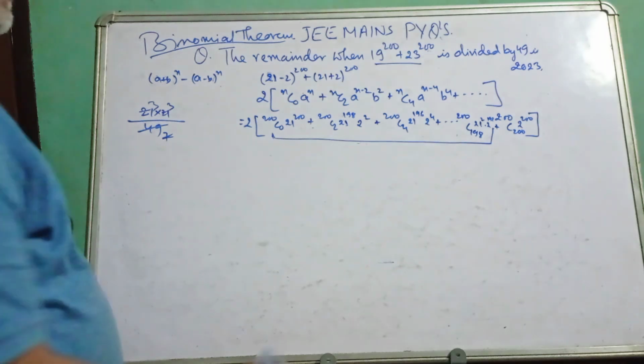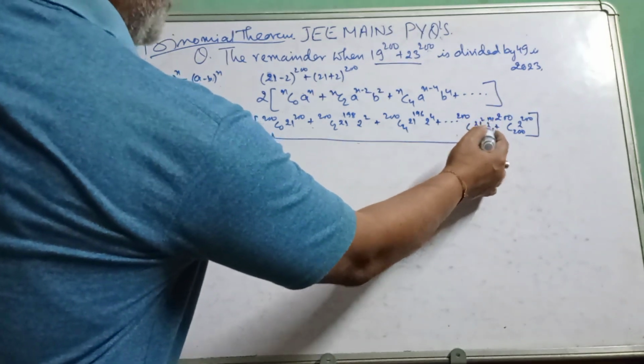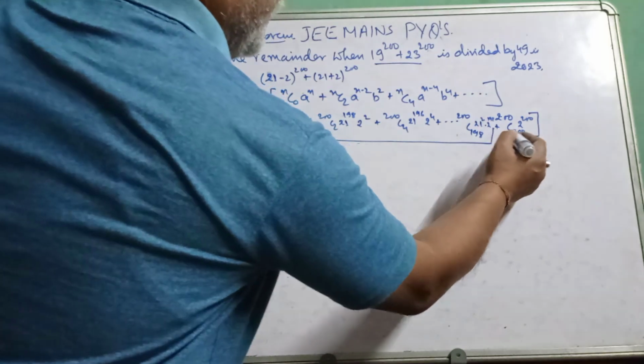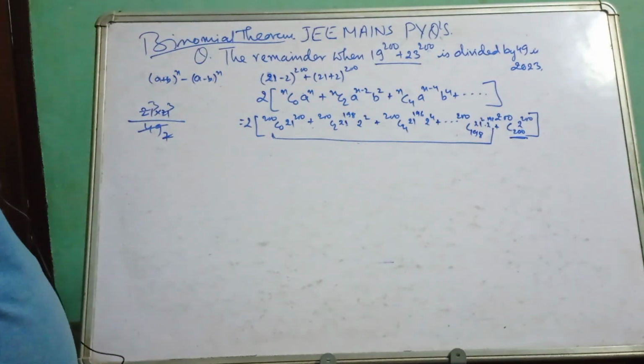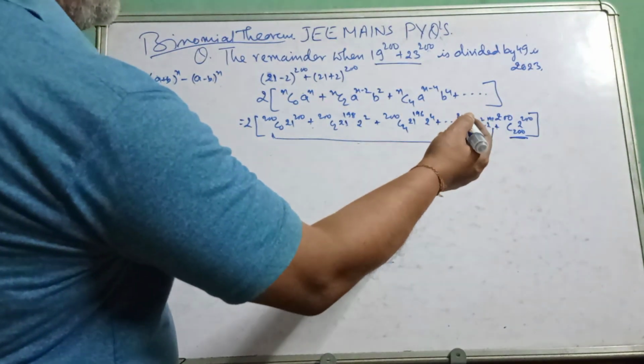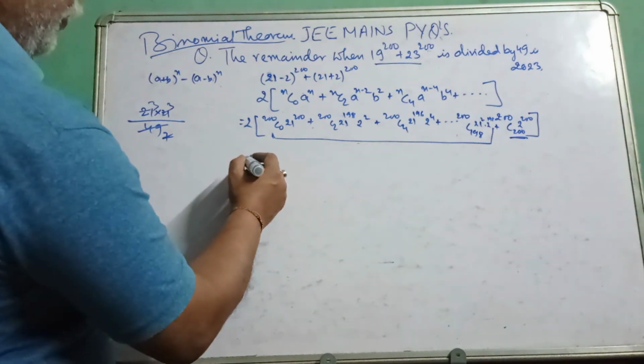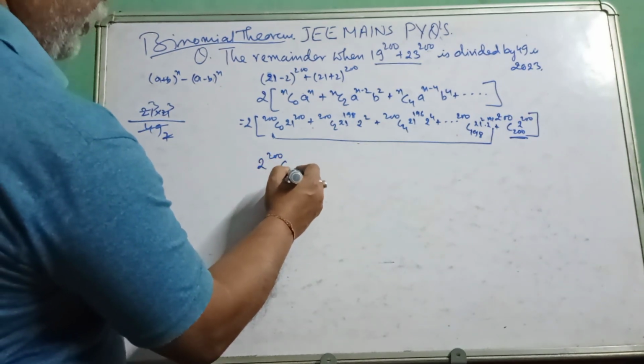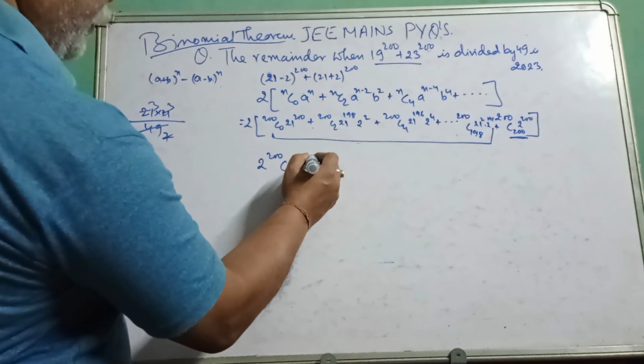So the only remaining term is this, which is not divisible by 49 because there is no 21 squared. So your term left will be 200C200 2 to the power of 200.